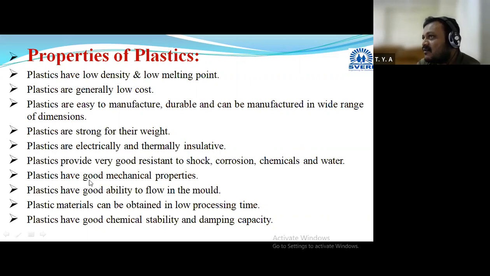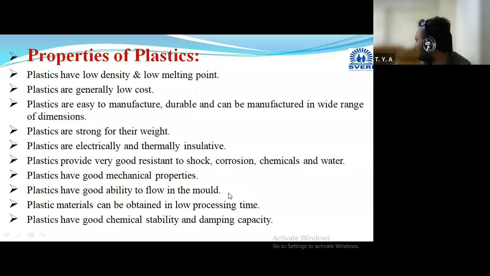Then plastics have good mechanical properties, meaning their strength. Tensile strength is very high. Already I have explained this. Then plastics have good ability to flow in the mold.